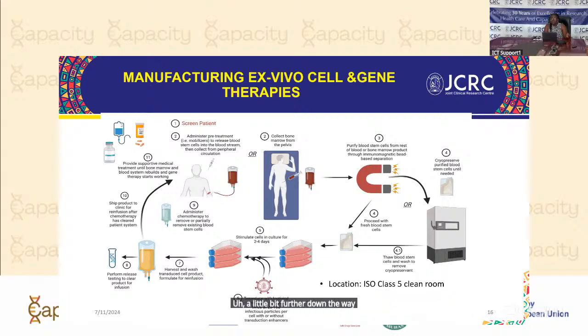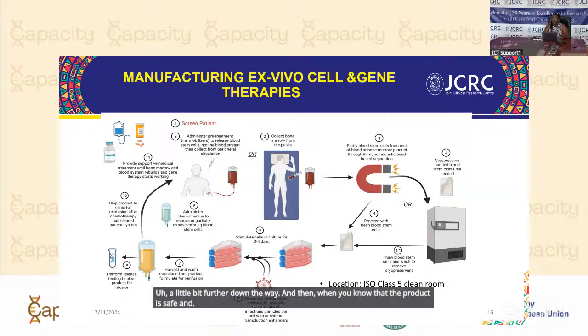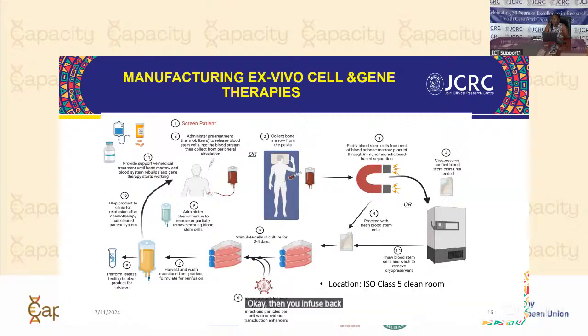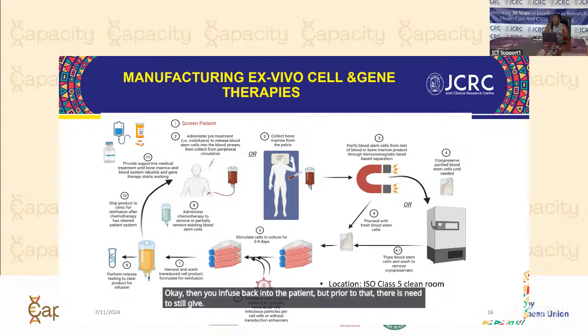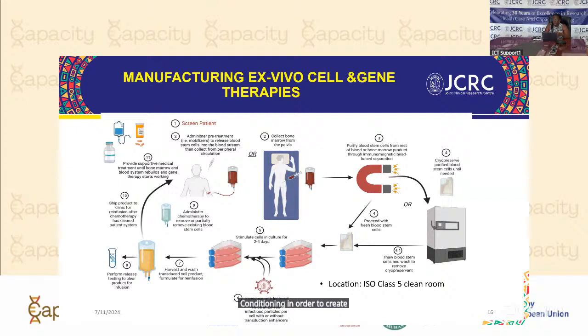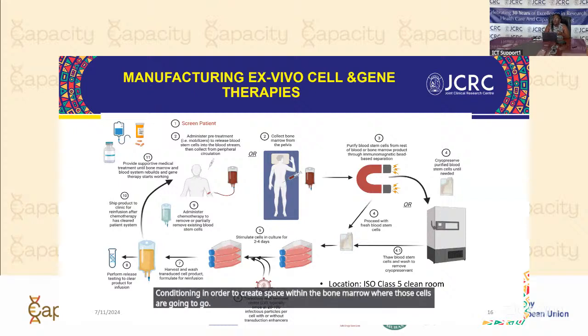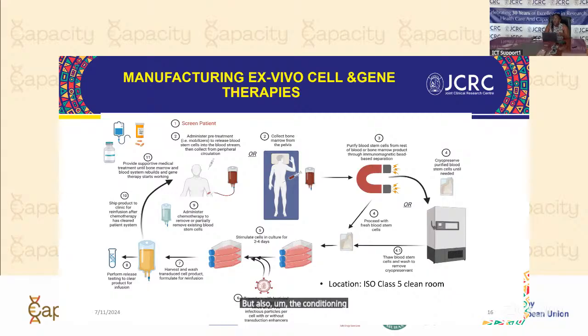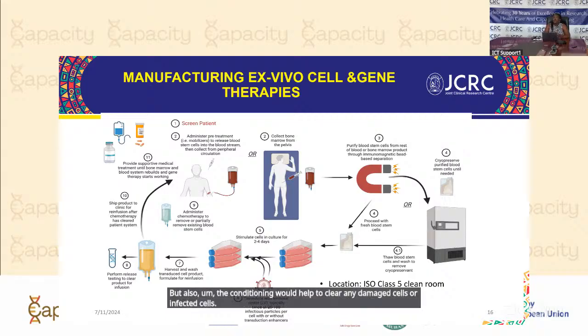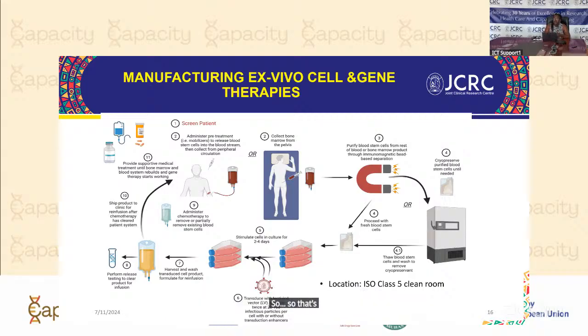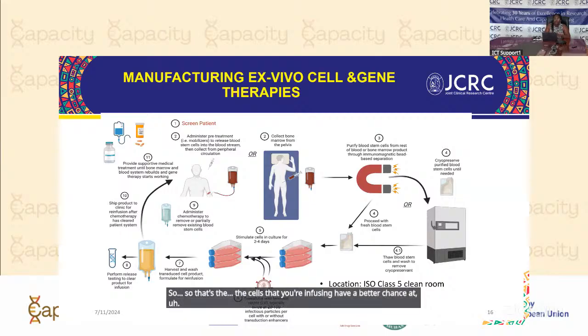And then when you know that the product is safe and okay, then you infuse back into the patient. But prior to that, there is need to still give conditioning in order to create space within the bone marrow where those cells are going to go. But also the conditioning would help to clear any damaged cells or infected cells, so that the cells that you're infusing have a better chance at engraftment.